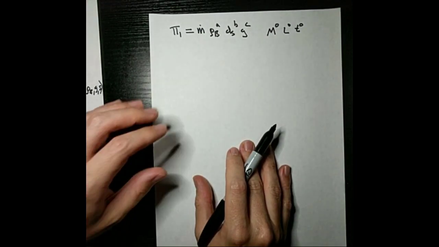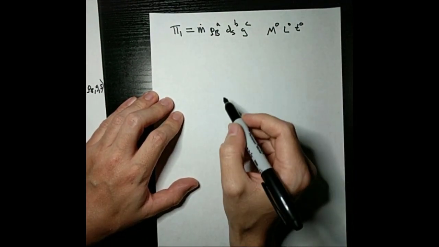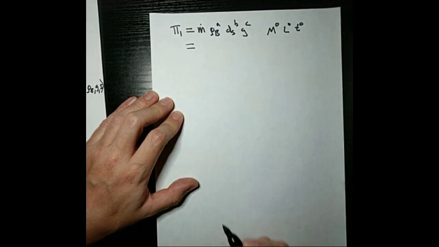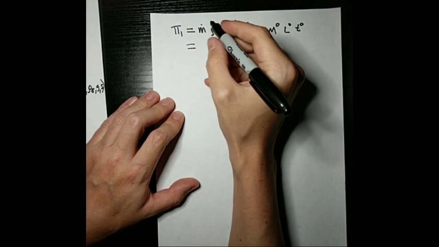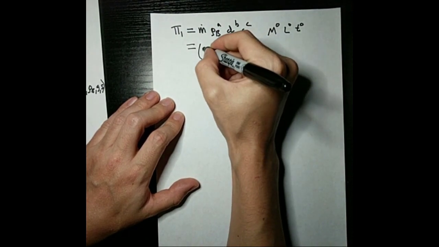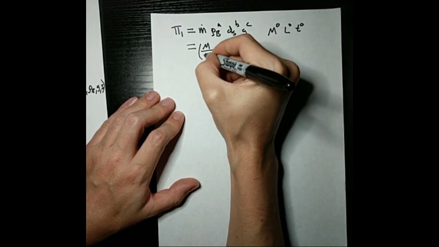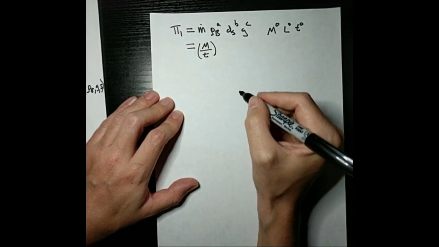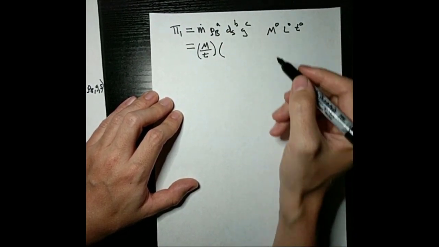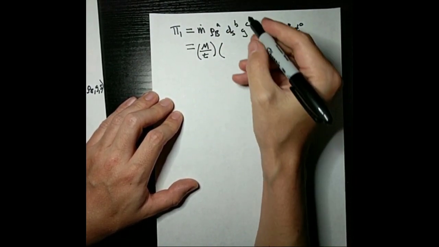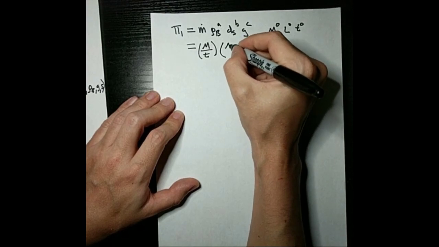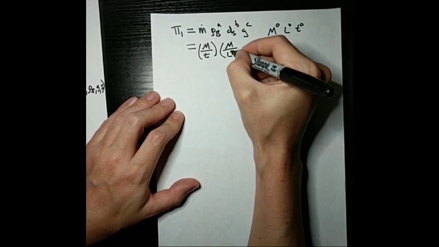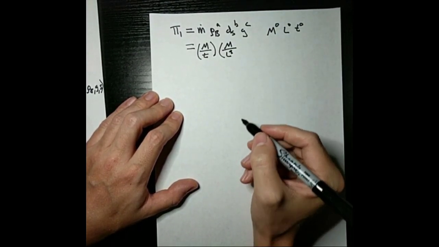So to do that, we're going to write each of these parameters in terms of their dimensions. So our mass flow rate is mass over time. Our bulk density is mass per length cubed.